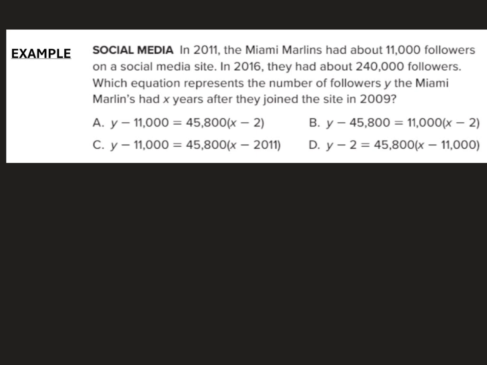This last one, it says in 2011, the Miami Marlins had about 11,000 followers on a social media site. In 2016, they had about 240,000 followers. Which equation represents the number of followers y the Miami Marlins had x years after they joined the site in 2009? And remember, it's x years since 2009.